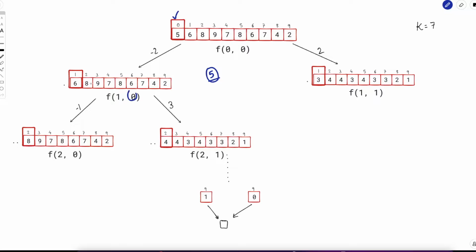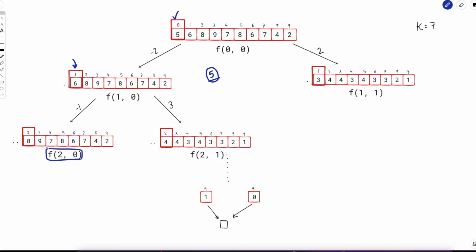So what is the exact value of 6 here? The exact value of 6 is 6 divided by 2 zero times, so the exact value is still 6. So I can take this 6 and move forward. 6 minus 7 is one state and 6 by 2 is another state. Once you go with 6 minus 7, you don't need to do anything afterwards, so this is still f of 2 of 0.